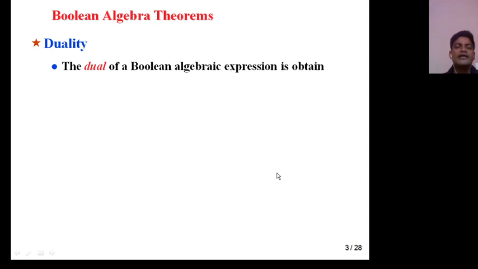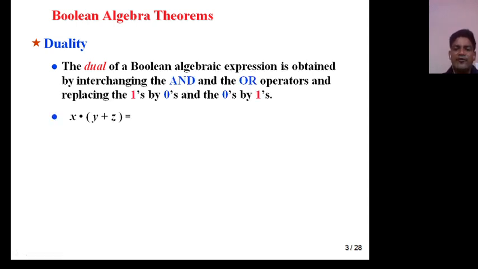Next is duality theorem. You are already aware of duality theorem. You have to change AND by OR, means dot by plus, plus by dot, and 0 by 1, and 1 by 0. And suppose this is your question, and you have to determine the dual of this.